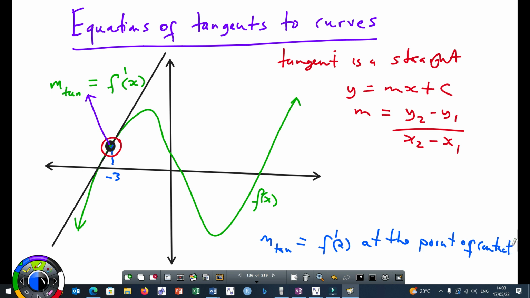That's the fact to use. So to determine the gradient of the tangent, you need to be given a specific value of x on the cubic function or at the point of contact. Okay, just to do an example based on, can I move on?